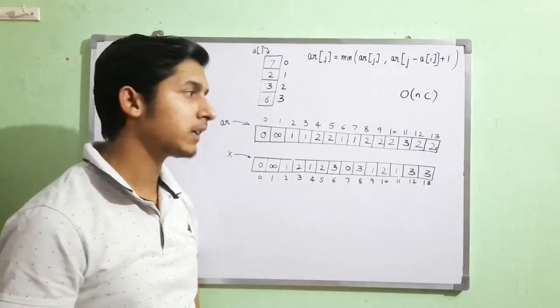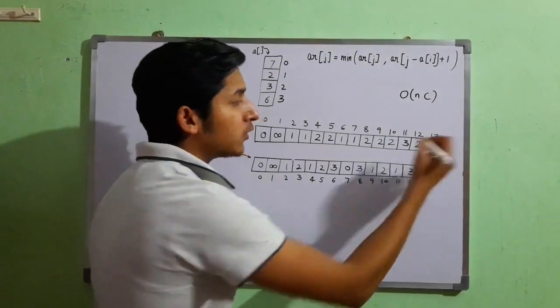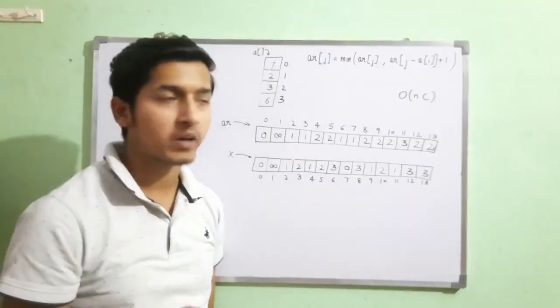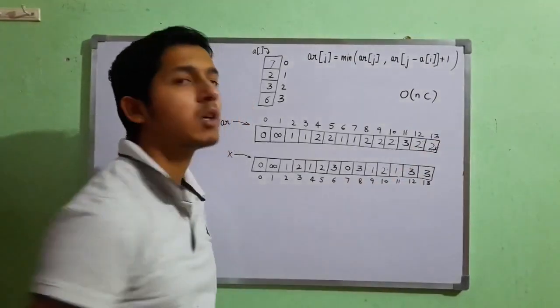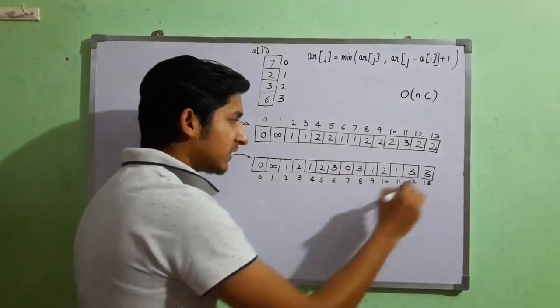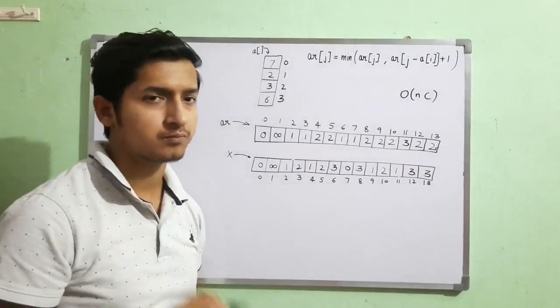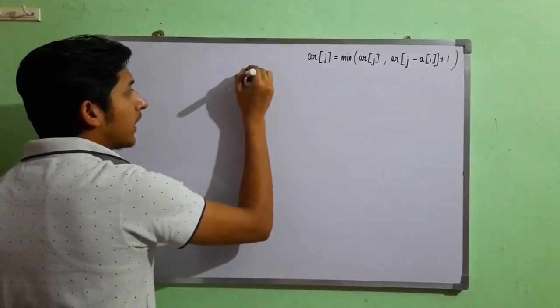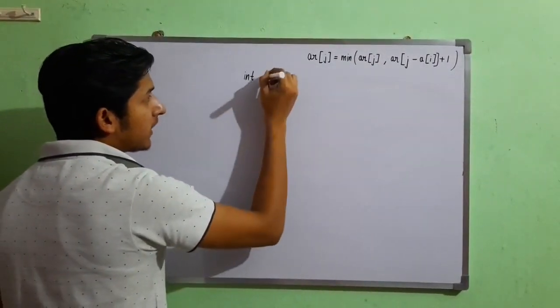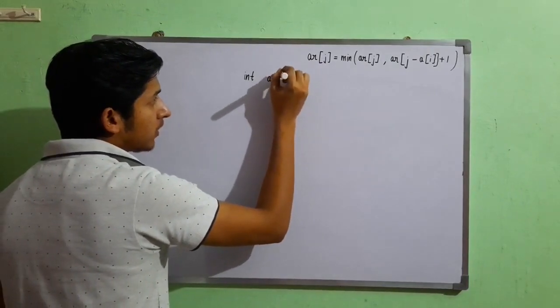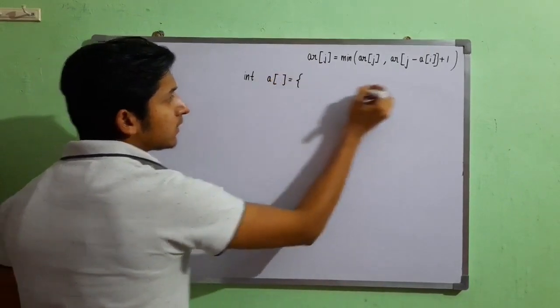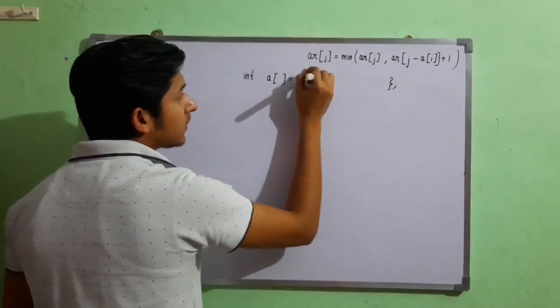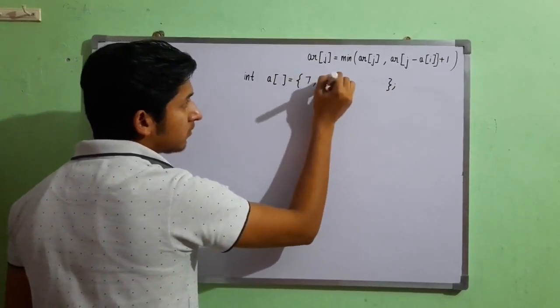So now I'll write a function that will return this value only. This means the minimum number of coins required for the given sum. You can write this array as well, that's on you. So in order to write a function, I'll declare a one-dimensional array A that has the coins valid in that system.